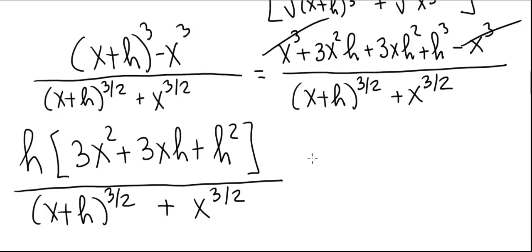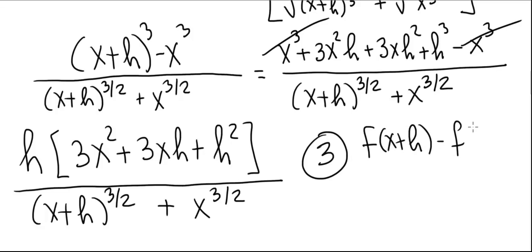Now step number 3 is f of x plus h minus f of x divided by h. In other words, step 2 divided by h. On the left we have step 2.